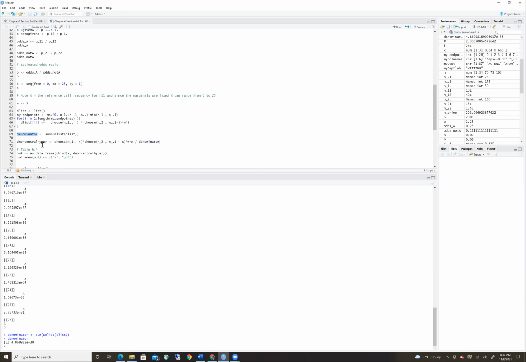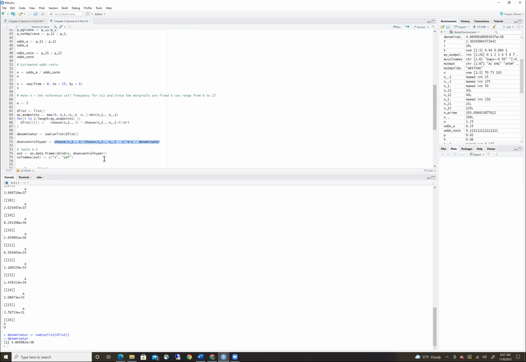Now, the non-central hypergeometric distribution, and I'm using D here, similar to dnorm or df or dbinom. So I'm just calling this dnoncenthyper. And what I'm doing is using the whole equation of 6.35.